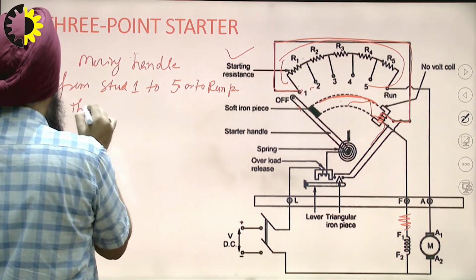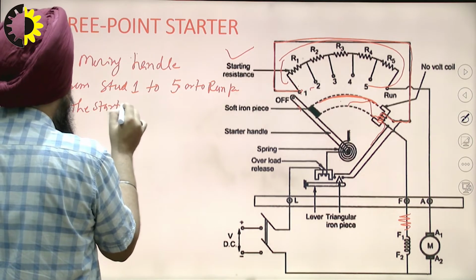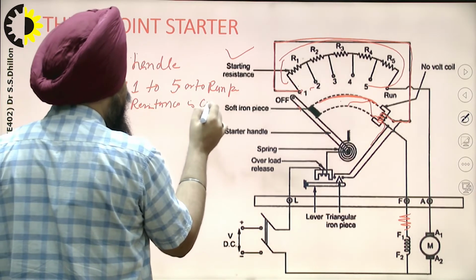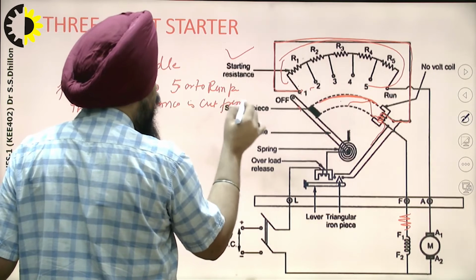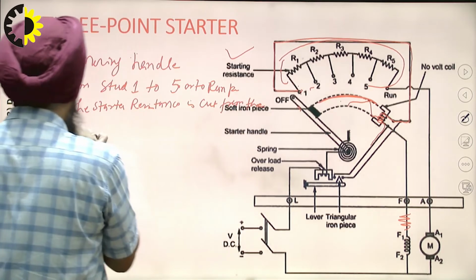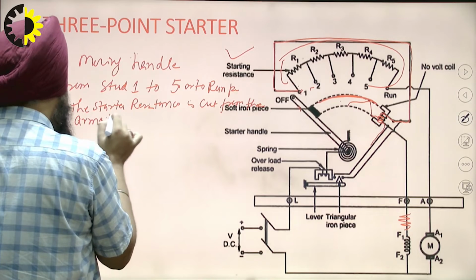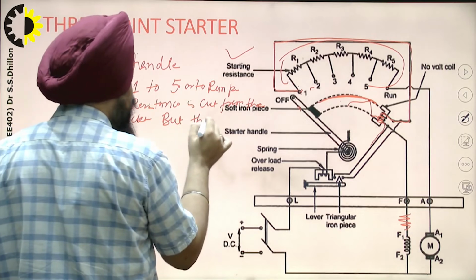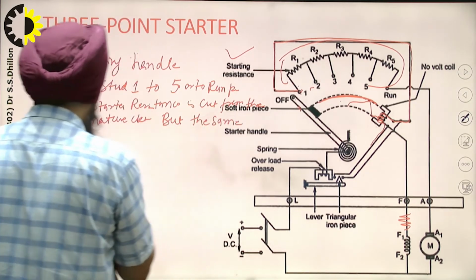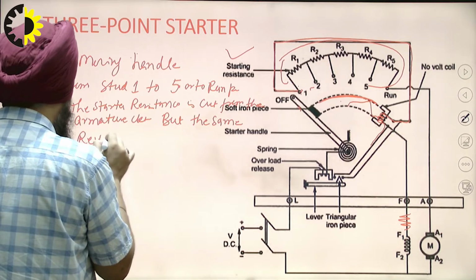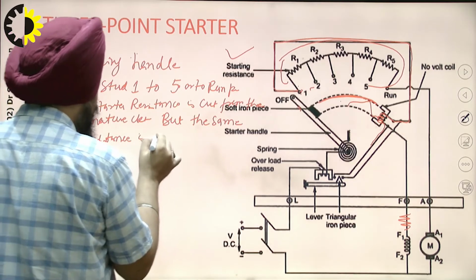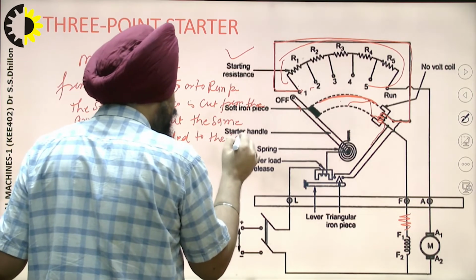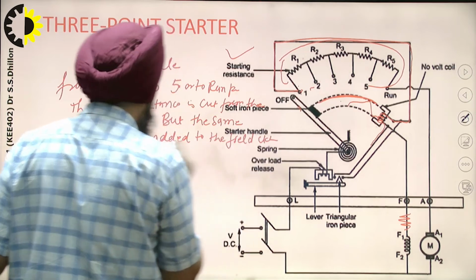The starter resistance is cut from the armature circuit, but the same resistance is added to the field circuit in series.